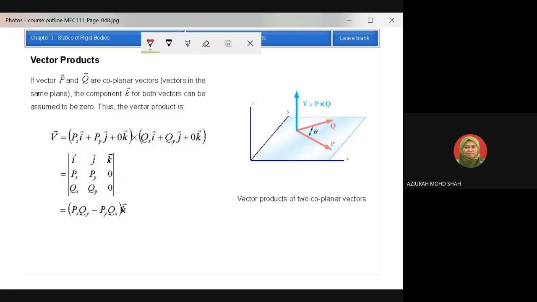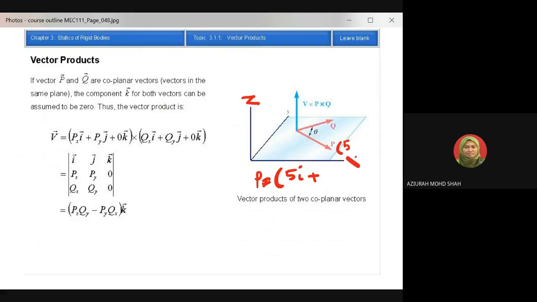Kita nak 2D ni kan? Okay, jadi katalah this one X dia kita letak 5. Okay, maksudnya sekarang ni P ni, PX dia kita letak 5I, tambahkan dengan, dia letak Y sini positif, ini Z. Sebab tu kamu kena tengok axis ya.